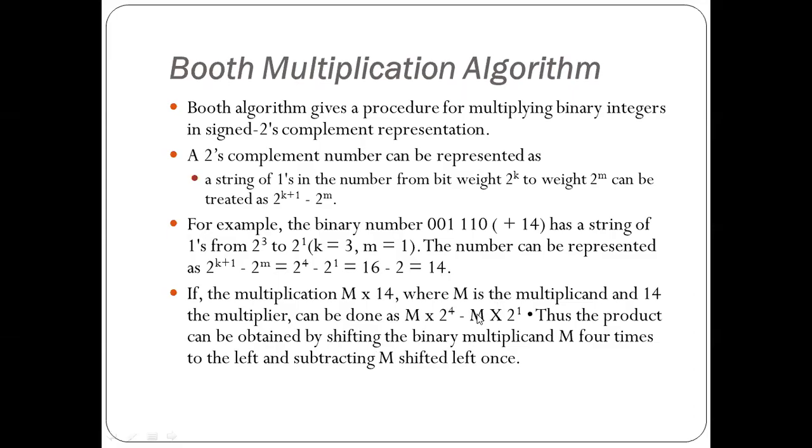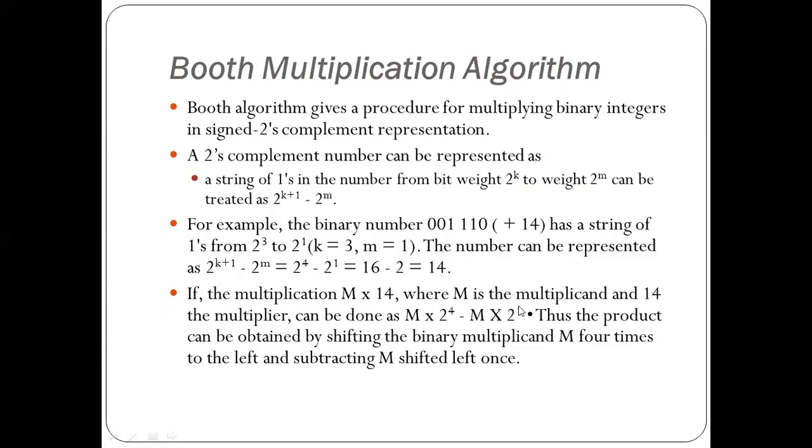So the simplification in our algorithm is, whenever a negative term is coming, whenever you have encountered a 1-0 series, the present bit should be 1 and the previous bit should be 0, or else the first bit itself can be 1, assuming that the previous bit was 0.